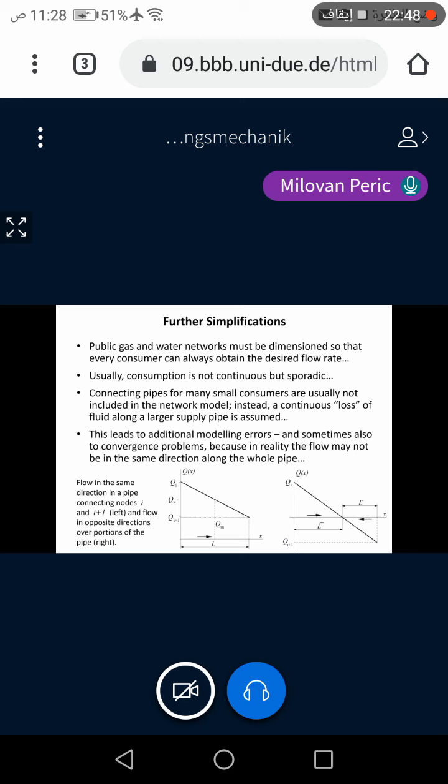And one more point that I want to bring to your attention: when these pipes are considered to have a continuous loss of mass along the pipe length, one needs to take into account that some pipe may have supply from both ends. So the flow is not going from node 1 to node 2, it's going from both nodes towards the middle, and then somewhere in the middle you have flow rate 0. A simple example of this I have in my garden.